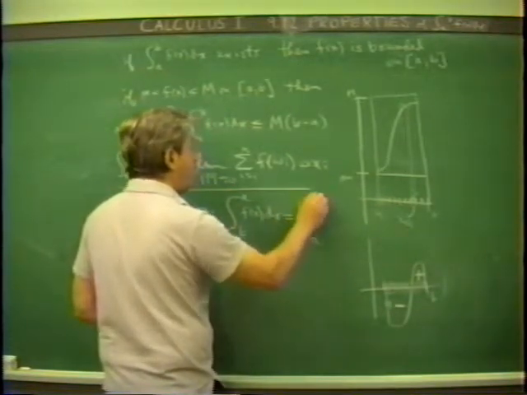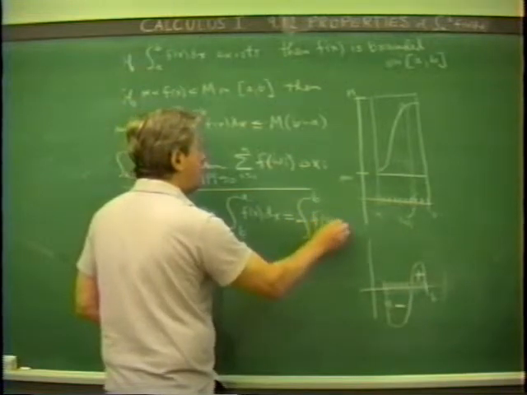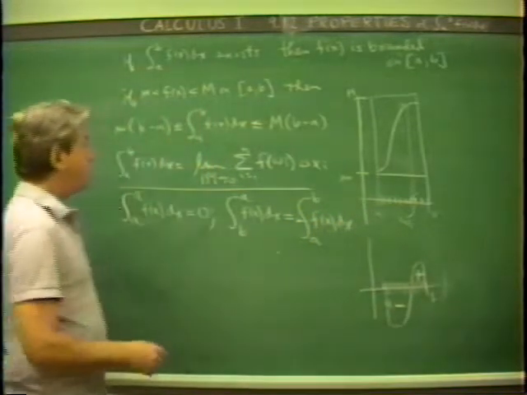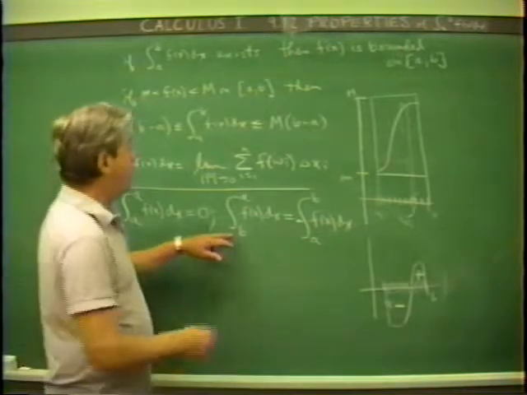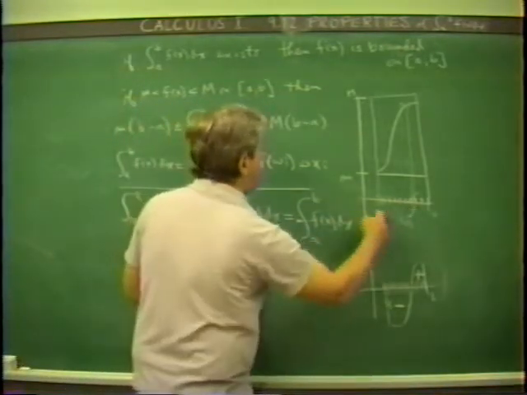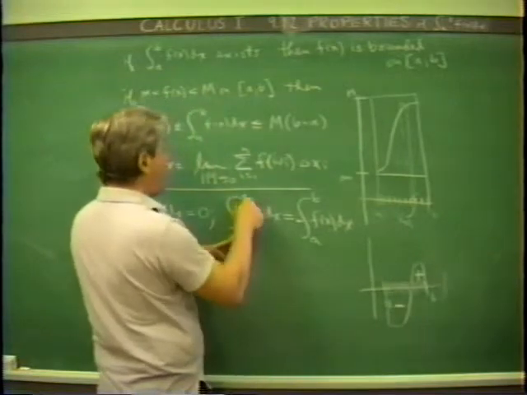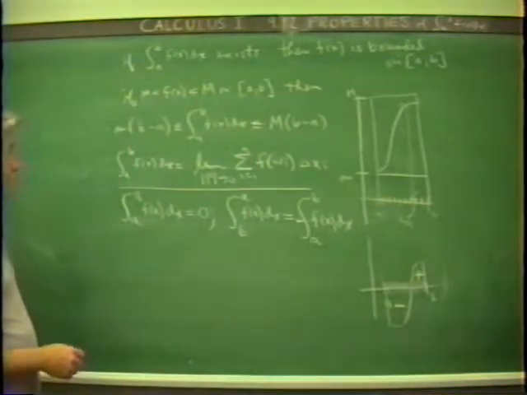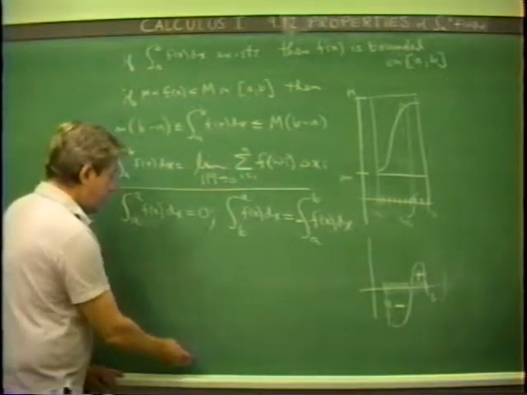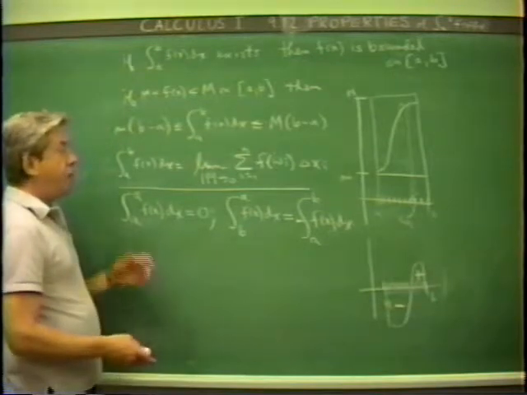All the delta x_i's would be negative, and so this, naturally enough, should be equal to the negative of the integral from a to b of f of x with respect to x. Right. So if we go the backwards direction here, then the integral from b to a is going to be the negative of the integral from a to b.